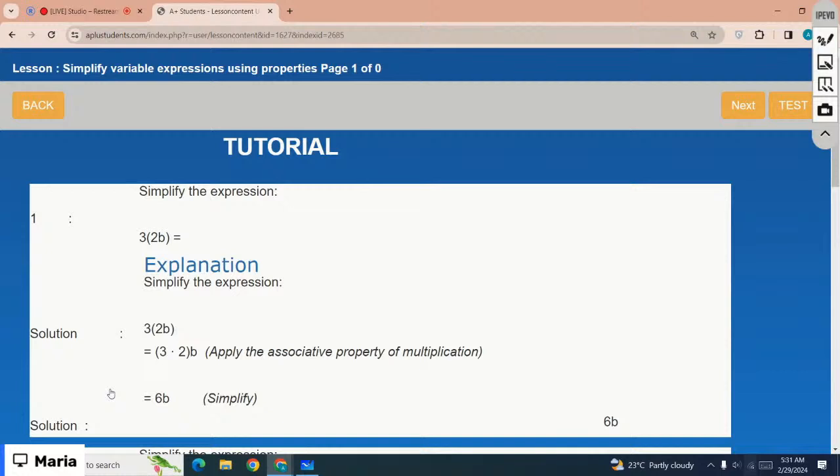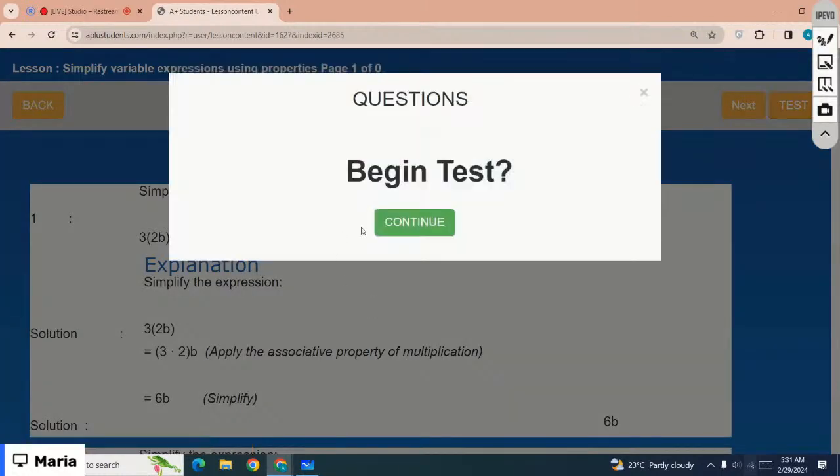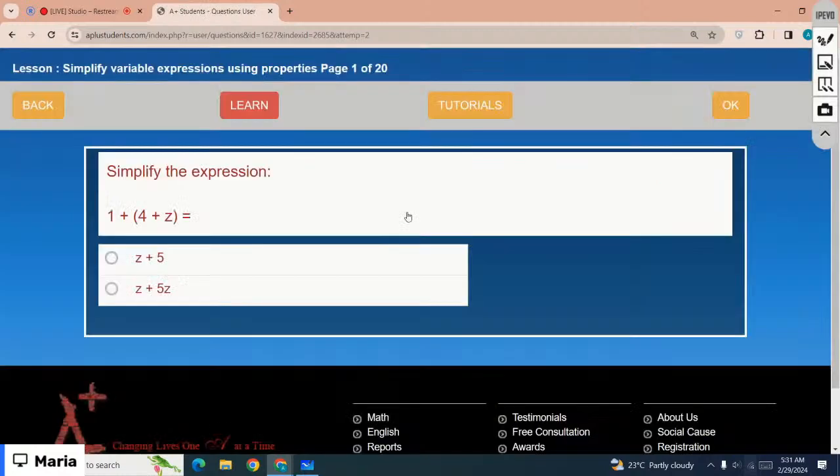You have to apply the different properties to calculate the answer, right? Let's just start with the test questions.